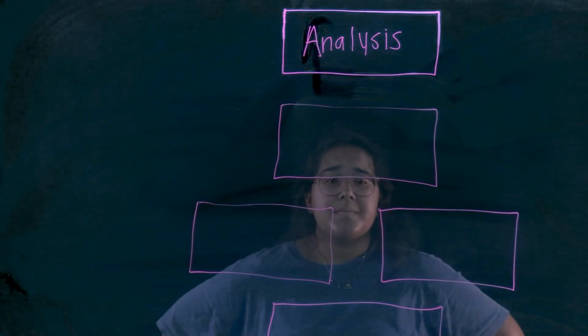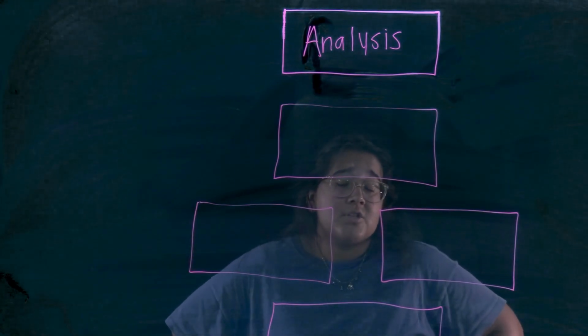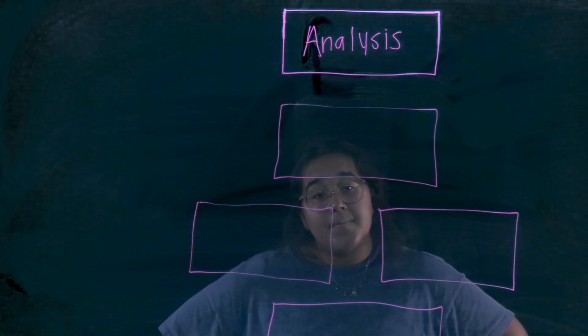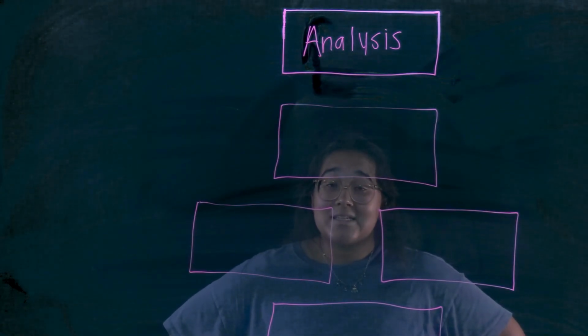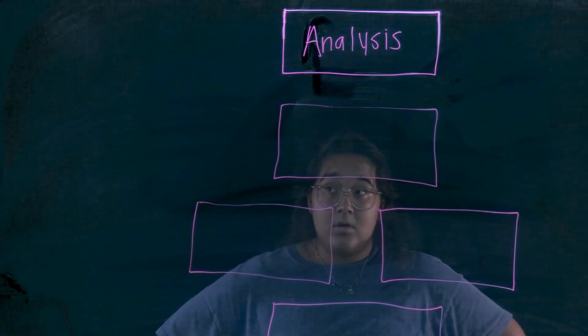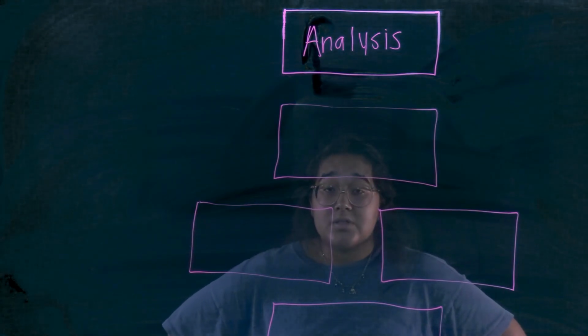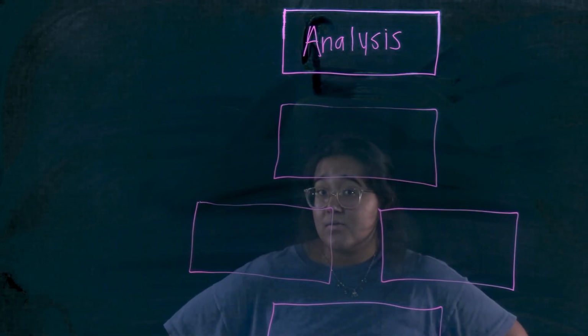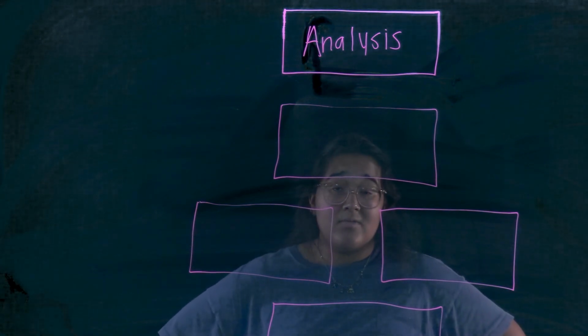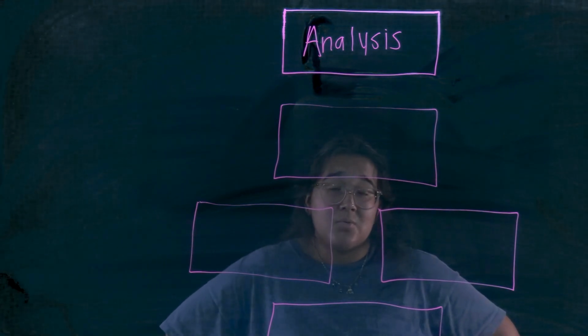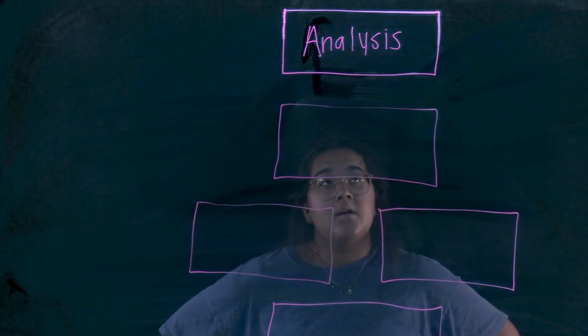So analyzing our data, we're looking at our observations. We're seeing, okay, the apples in ice water went 6 hours without turning brown. The apples in lemon juice took about 3 hours to turn brown. The apples in a container turned brown in 2 hours, and the plain apples turned brown in 30 minutes.